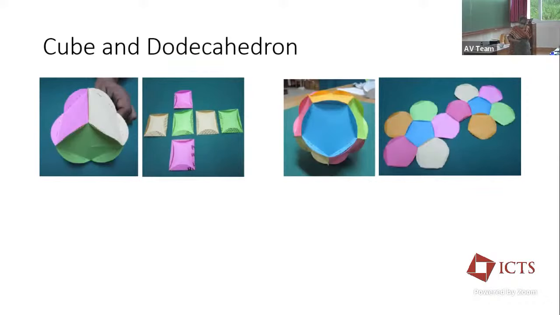Among all the Platonic solids. Platonic solids are those solids whose faces are all the same. All edges are the same, therefore the faces have to be regular polygons.